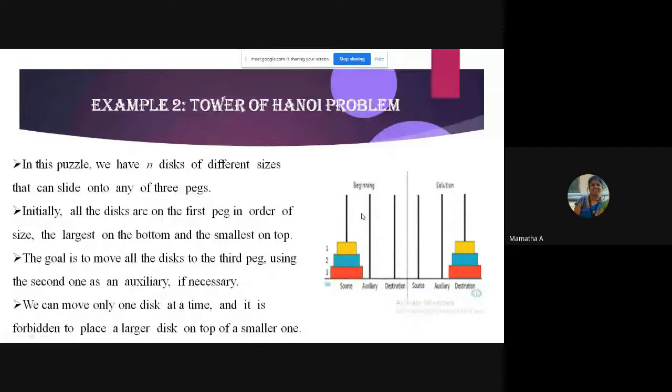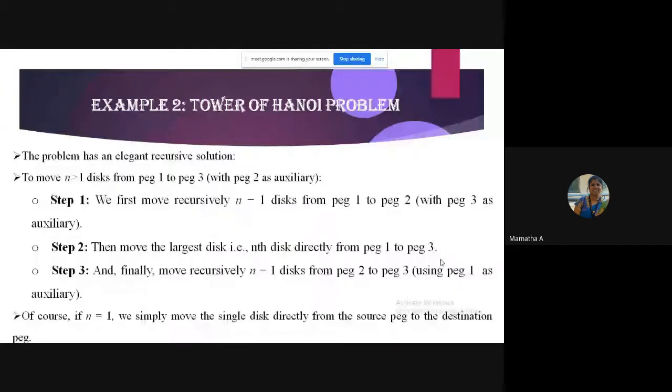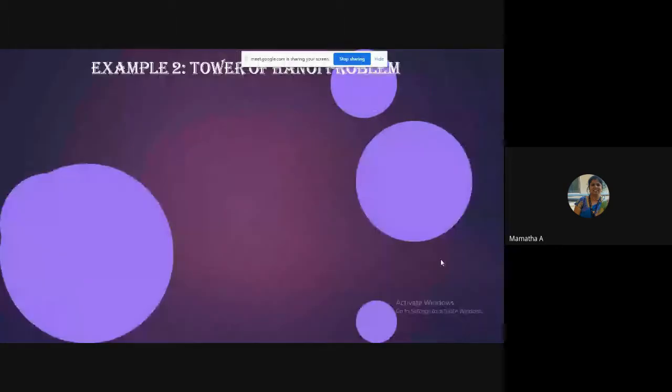My solution to this problem is that I should move the disks from source to destination in the same order, moving only one disk at a time, and I cannot place a larger disk onto a smaller one.